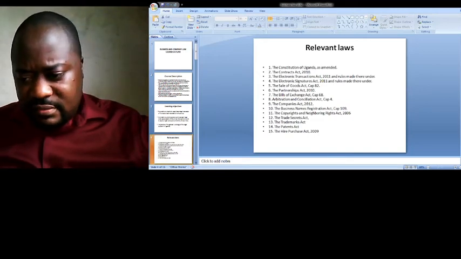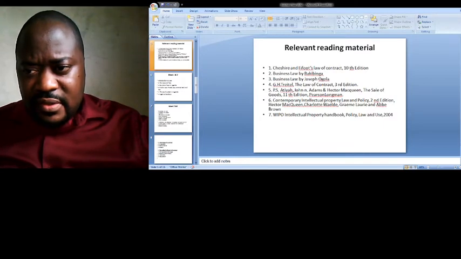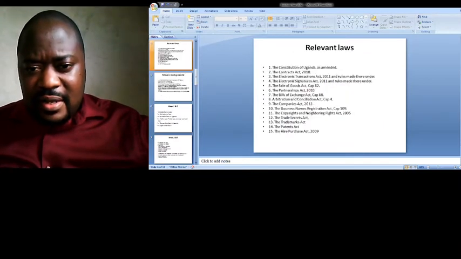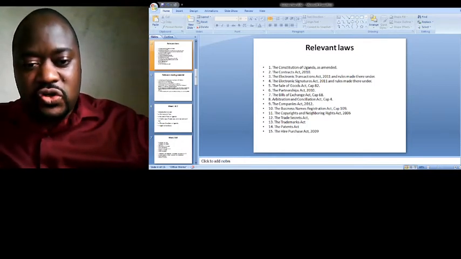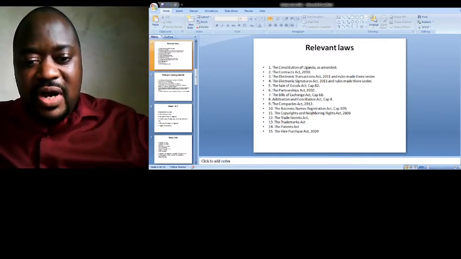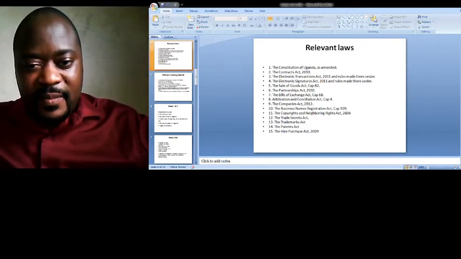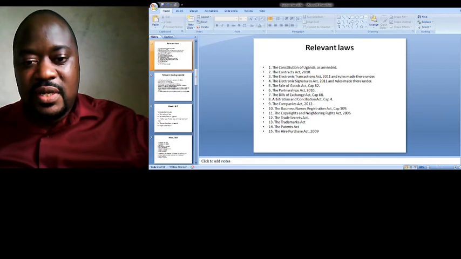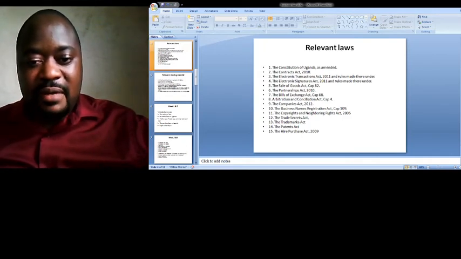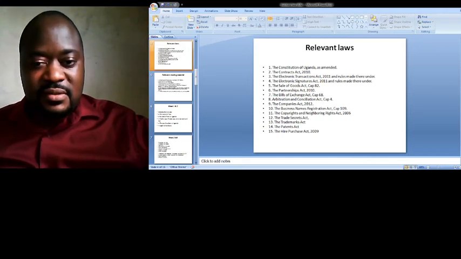Relevant laws. Relevant laws basically addresses the different laws which we intend to cover in the course of our study. Because you find that every topic which we are going to talk about under business law and company law has a law that regulates it.